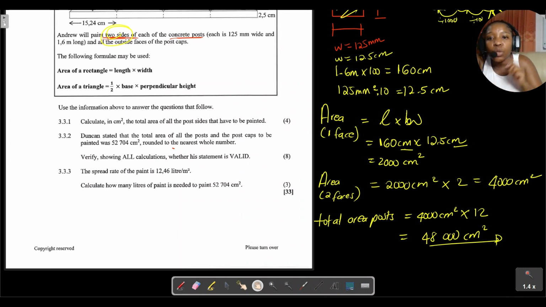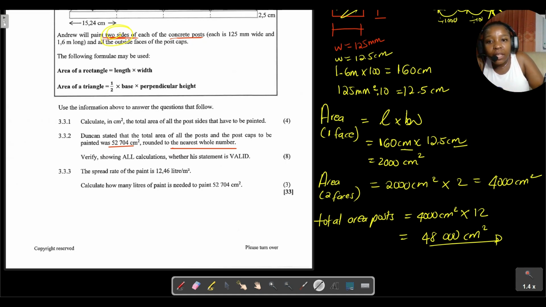Duncan stated that the total area of all the posts and the post caps to be painted was 52,704 centimeters squared, rounded to the nearest whole number. Now we need to verify, showing all calculations, whether his statement is correct. So where do we start?